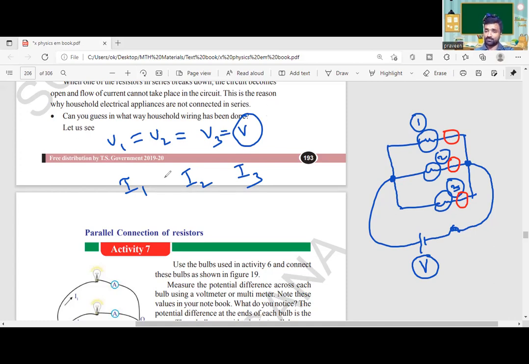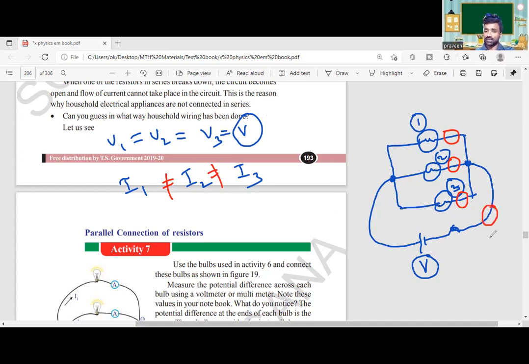Then compare. Are they equal, or less than, or greater than the others? Here you realize they are not equal to any value. Then measure the current passing through the overall circuit.